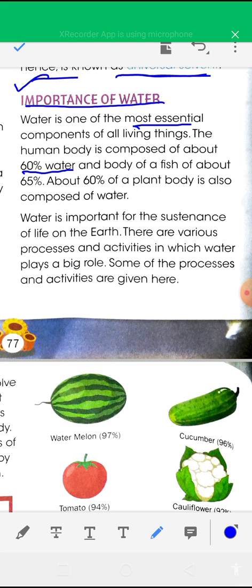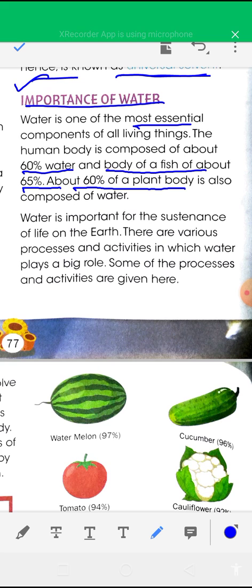The body of a fish is about 65% water, and 60% water is present in a plant body. So water is the most essential component of all living things.